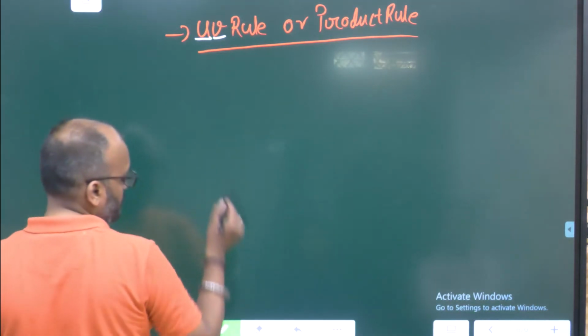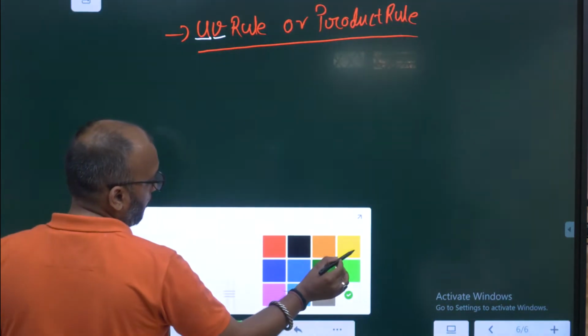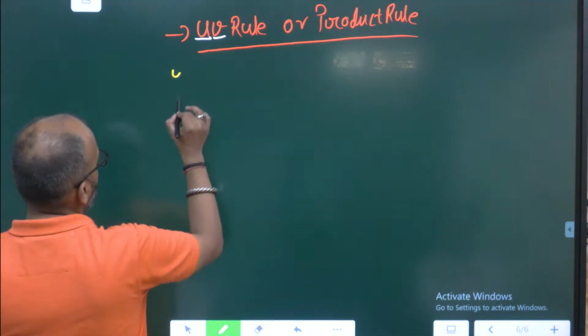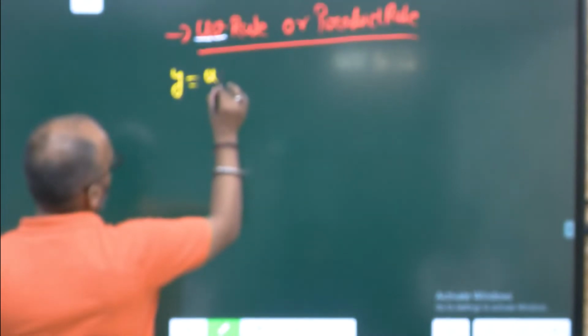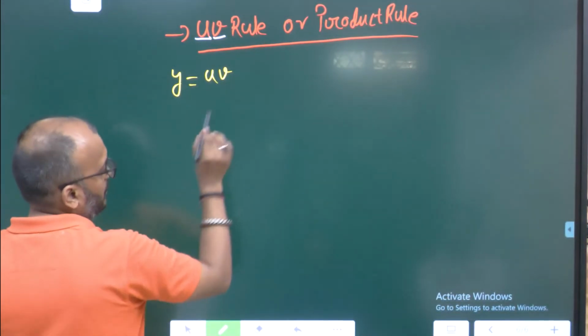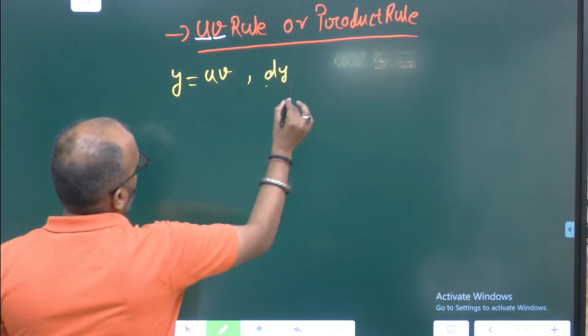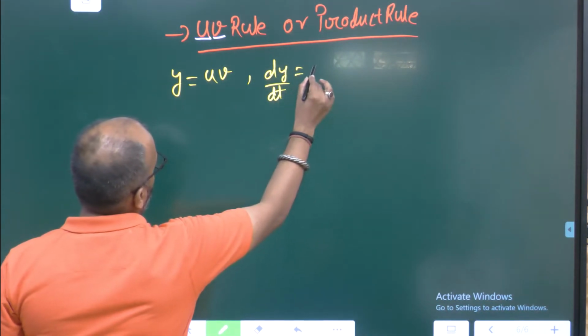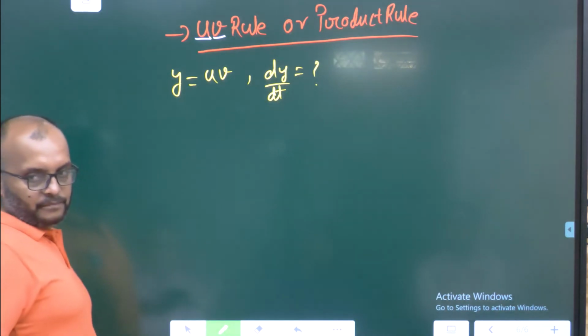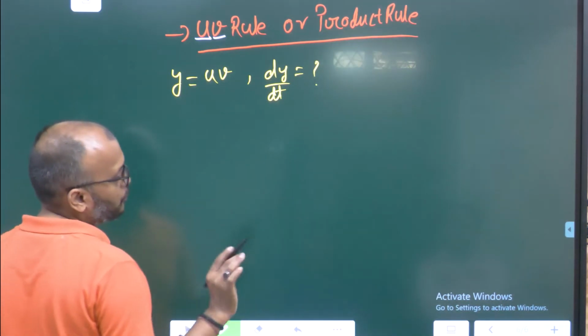Okay. So please see. y is equal to U into V. And you are differentiating, and let's say y is a function of t. You need to find dy by dt. Please understand the methodology.